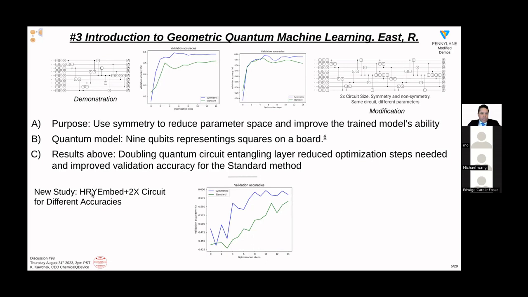And I used an HRY, which is Hadamard RY, non-trainable, plus this double circuit up here for different accuracies, right? So this is a little bit harder for me to improve much more. Again, sometimes you're limited by the data set. And as you get better with it, you keep going back to these and keep making them better.